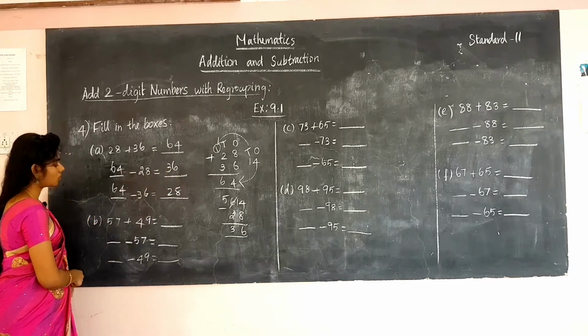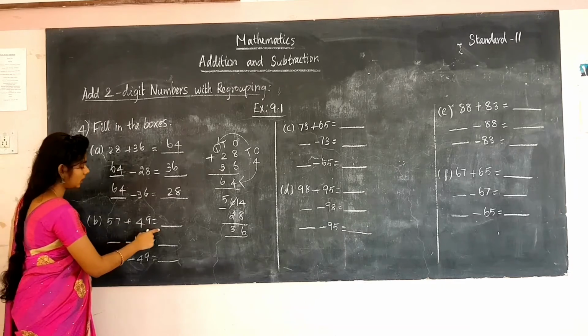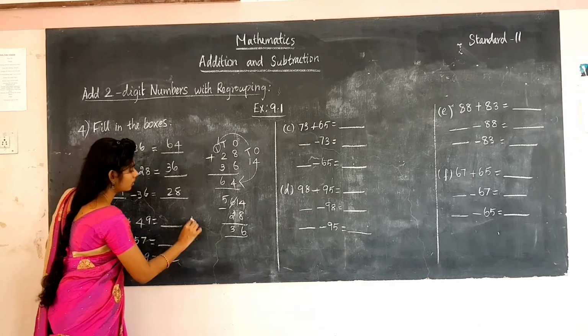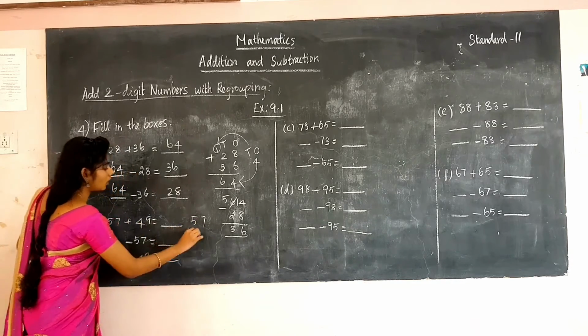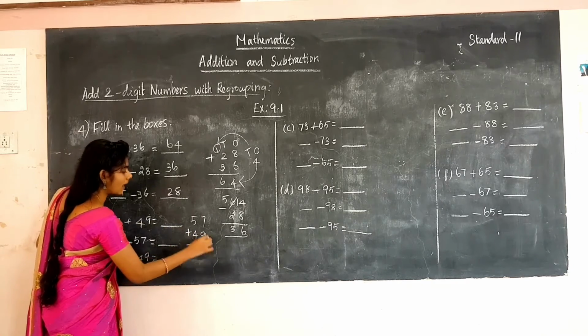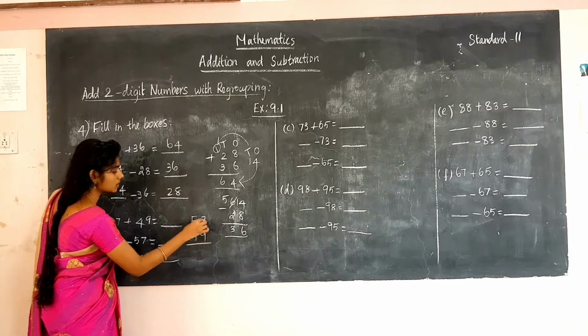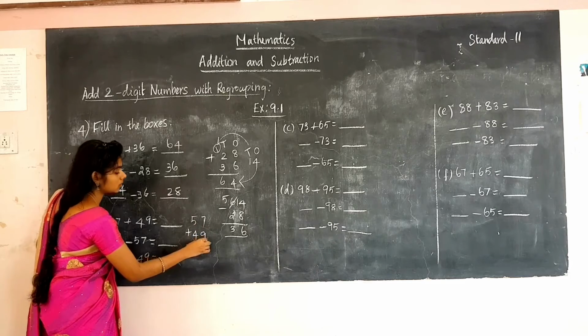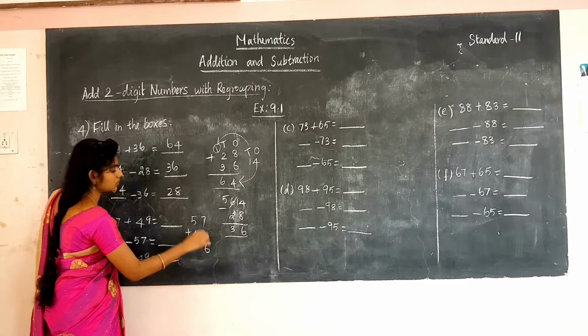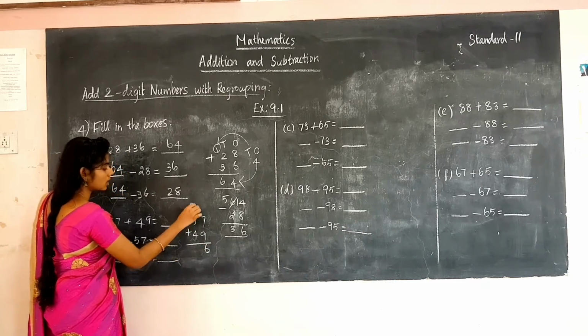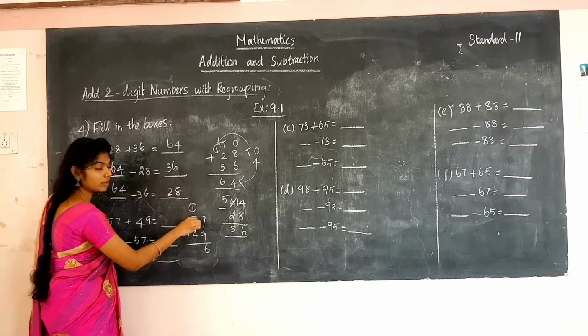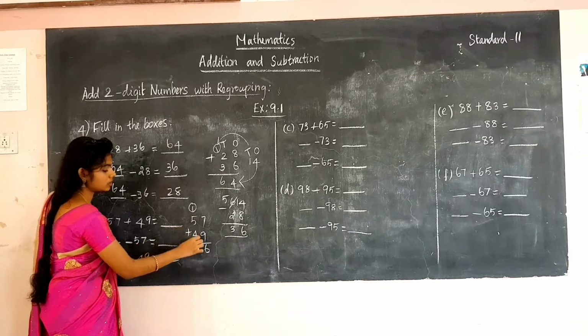See the next one also, 57 plus 49. Now add these two numbers. 7 plus 9 is 16. Write 6 in the ones place and 1 in the tens. Now add these numbers: 1 plus 5 is 6, 6 plus 4 is 10.